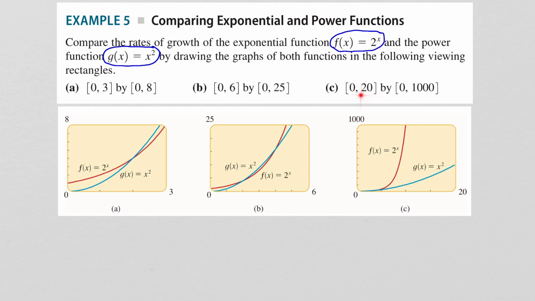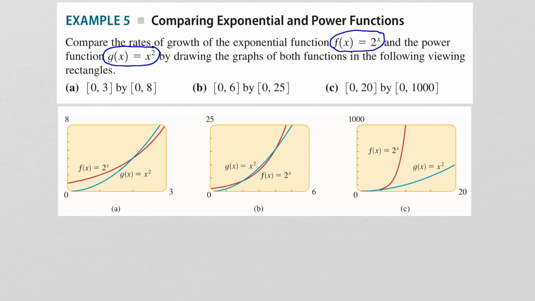And if you zoom out a little bit more on the window from x equals 0 to x equals 20, you will see that the function x squared is right here, and 2 to the power x is growing much faster than x squared. So of course, your viewing rectangle on a graphing calculator can sometimes make you believe things that are not true.